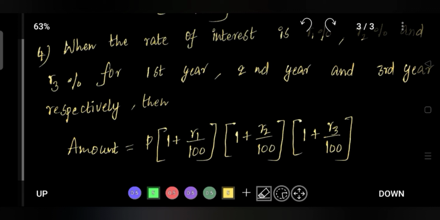These two are not like terms, we can say. We have found this structure already while deriving the formula here.